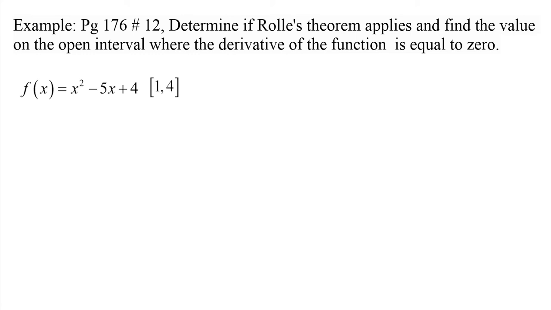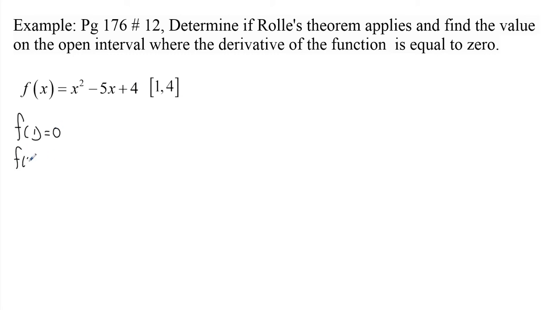Looking at this, determine if Rolle's Theorem applies and find the value on the open interval where the derivative of the function equals 0. I look at this, and here's my closed interval. It's 1 to 4. If I find f of 1, then 1 squared is 1, minus 5 times 1, which is negative 5, plus 4 is 0.